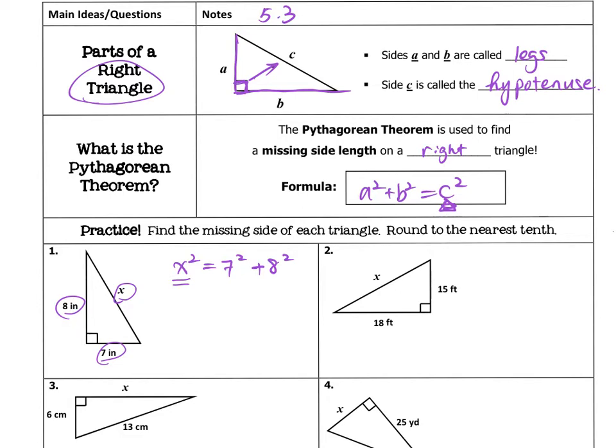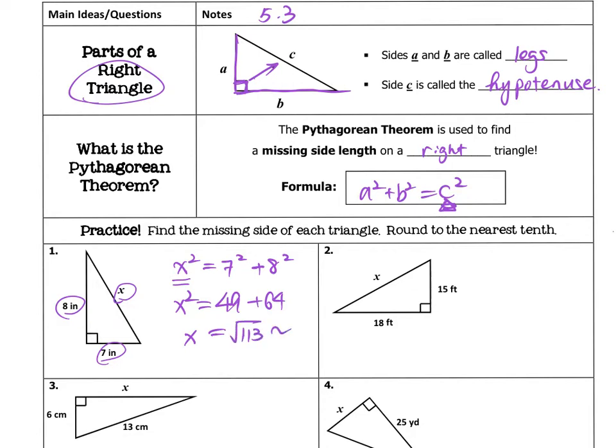The hypotenuse, again, is the longest side of a right triangle. So you should have 49 plus 64 equals x squared, and that should be 113, so x should be the square root of 113.